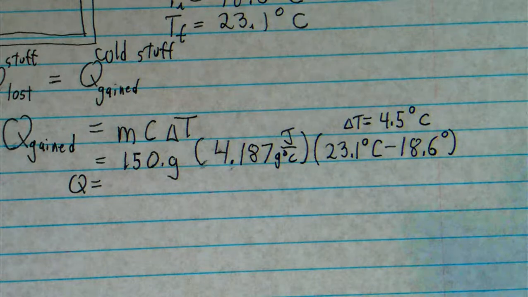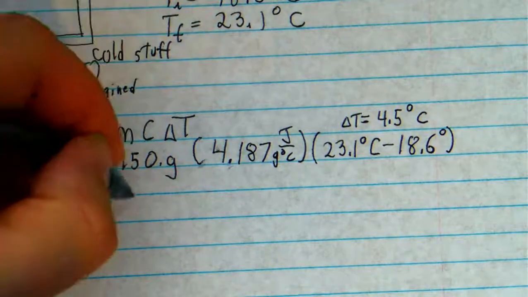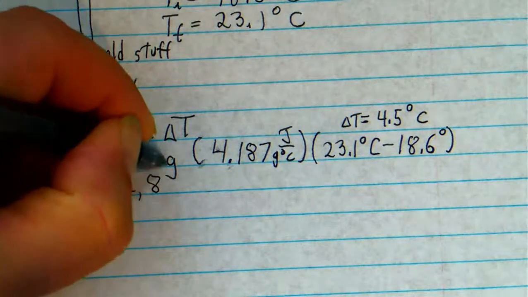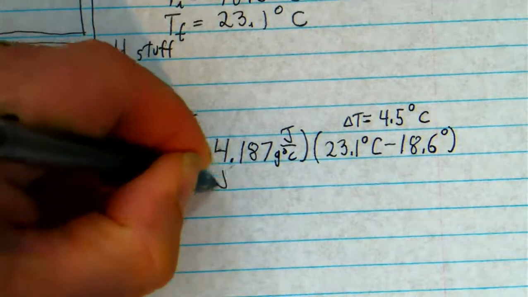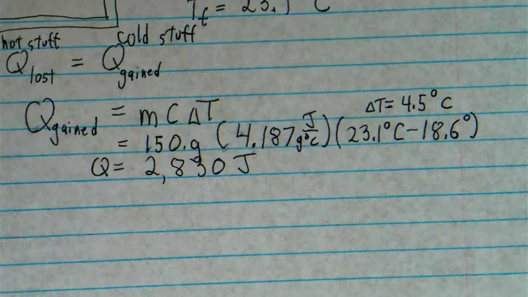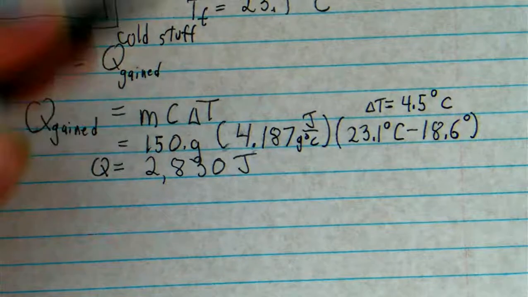Well, okay, I understand you're rounding off to 2 sig figs. I'm going to leave it at 3 sig figs and agree with both of you and say it's 2,830 joules. I'm going to leave it at 3 sig figs to the end of the problem. And technically speaking, we should be doing it to 3 sig figs.